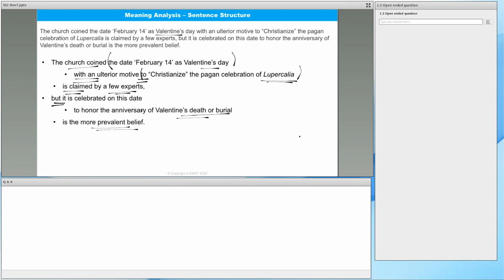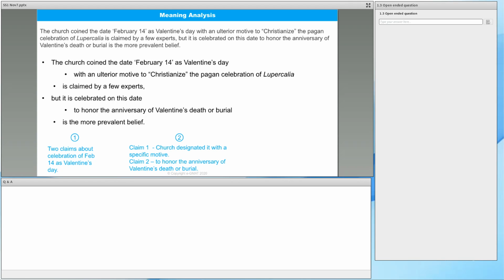to honor the anniversary of Valentine's death or burial, and that part is the most prevalent belief. Okay, so when you think about this, what the author wants to communicate from a meaning standpoint is that there are 2 claims about a celebration of February 14 as Valentine's Day. Claim 1 is for church, and it says it's celebrated as Valentine's Day because the church designated it with a specific motive.